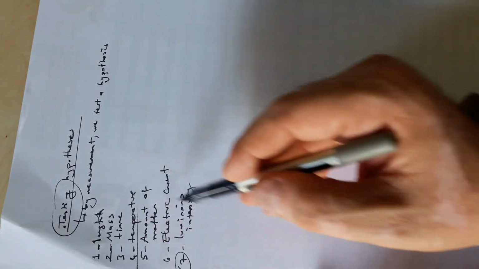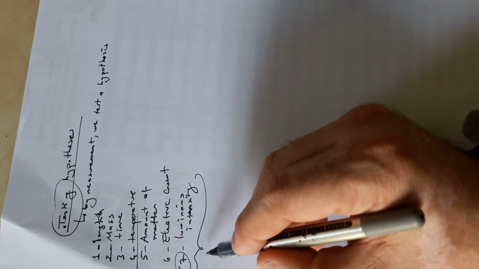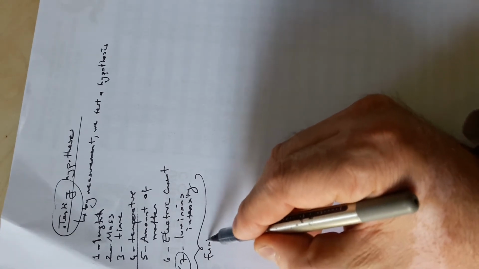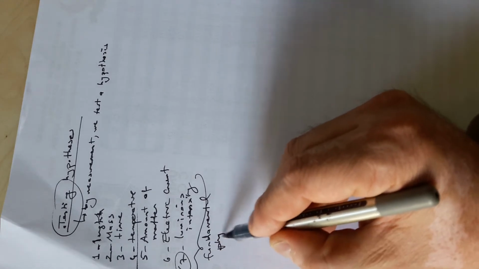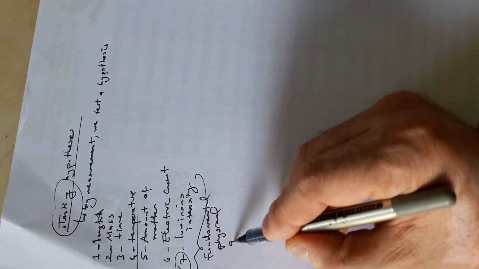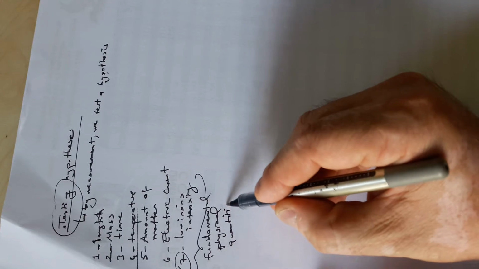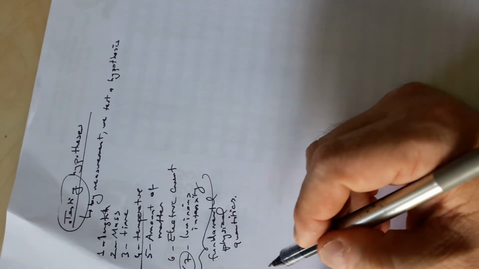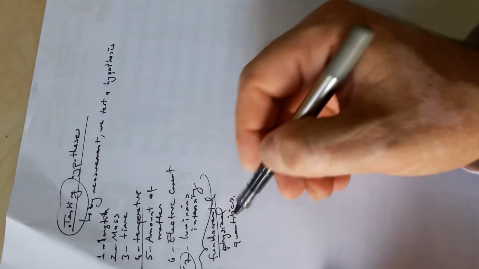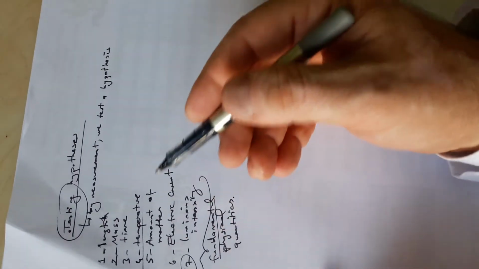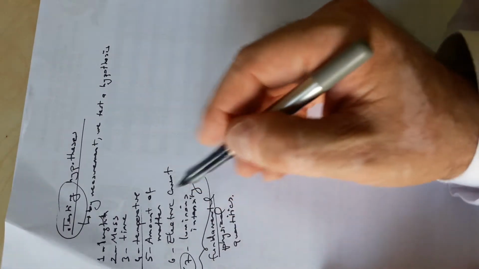These seven quantities are called in physics fundamental physical quantities. Why is it called fundamental? You will understand when we explain the other quantities.